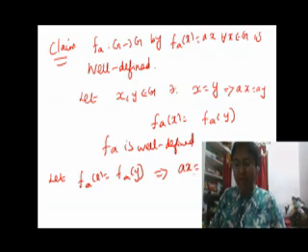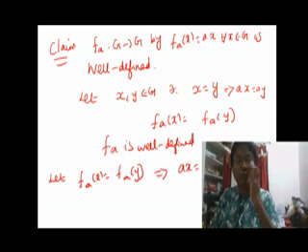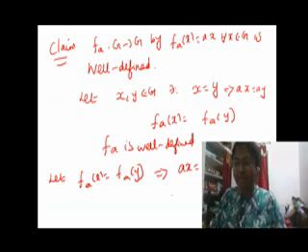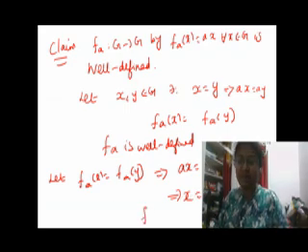According to the cancellation law in groups, whenever we have a group, the cancellation law is always valid because we have the group conditions. Therefore, according to the left cancellation law, we can tell x is equal to y. Therefore, f_a(x) = f_a(y) implies x = y. Therefore, f_a is a one-one function.